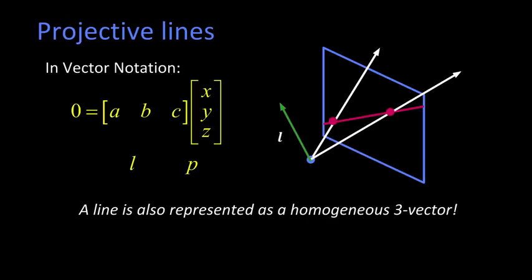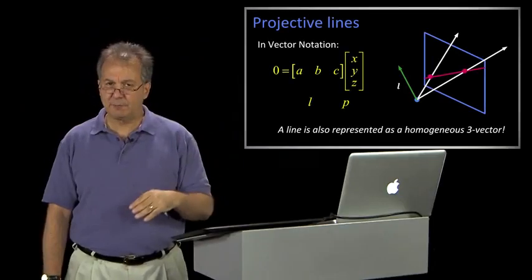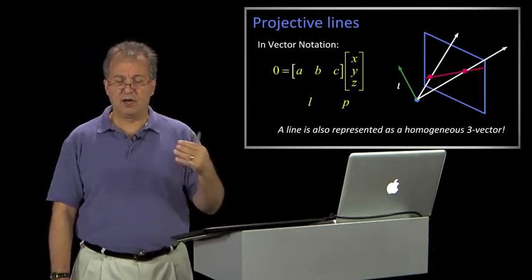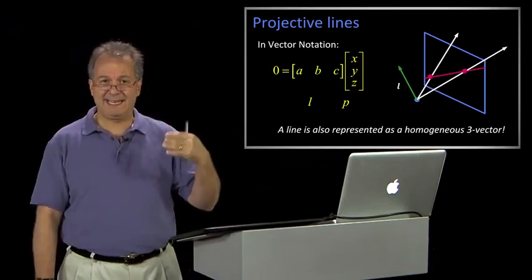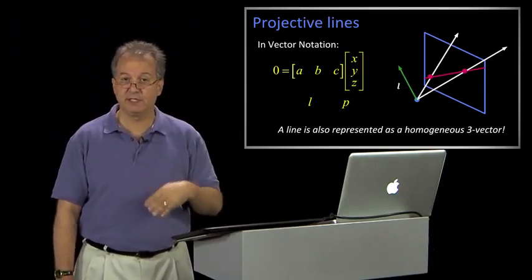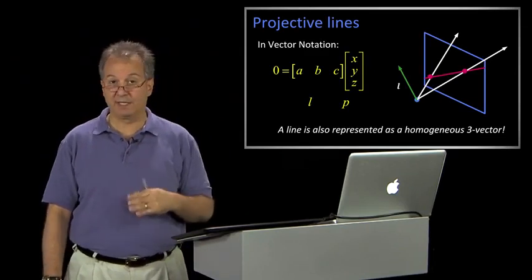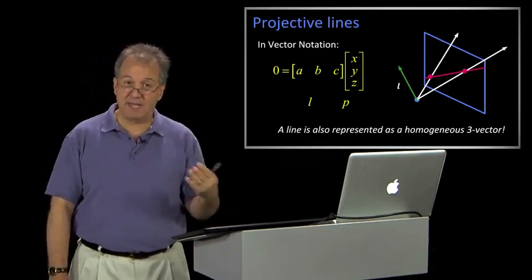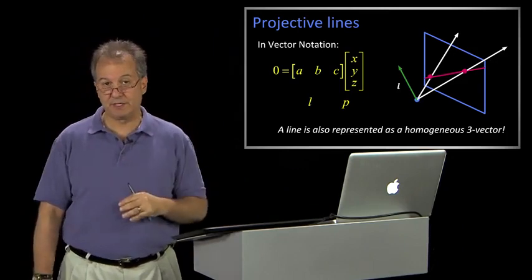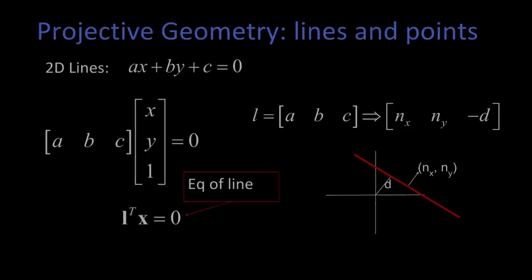We also introduced projective lines, and we talked about how a line in an image plane was just the intersection of the image plane and a plane through the center of projection. That plane would be defined by a normal L, and that's why both a line and a point are 3-vectors in this homogeneous or projective space.